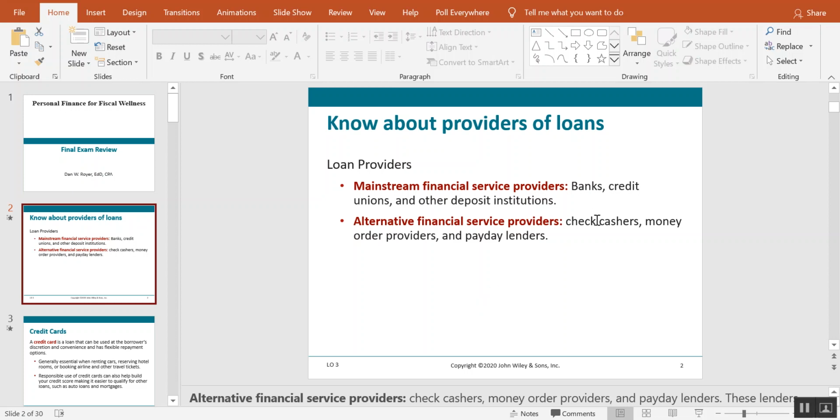Just know that these are extremely expensive, and with a payday lender in particular, interest rates can be as high as 1,000% on the money borrowed. So you need to be very careful about alternative financial service providers.